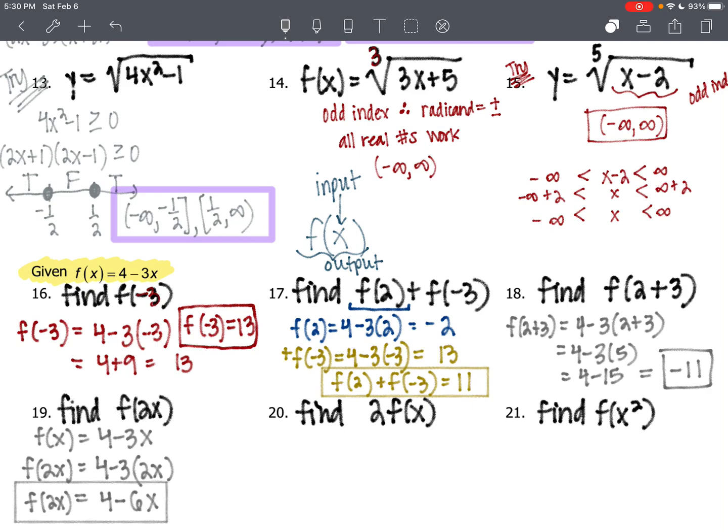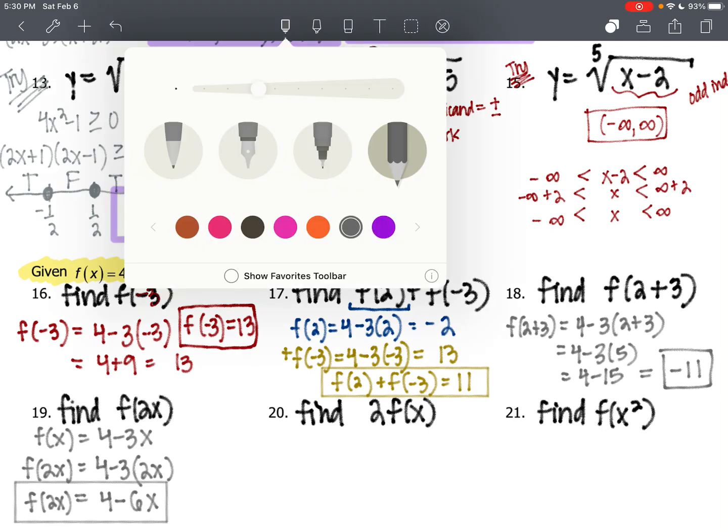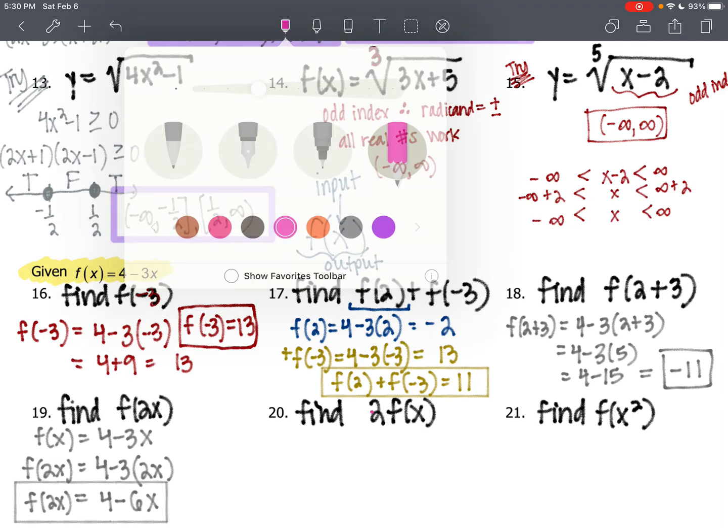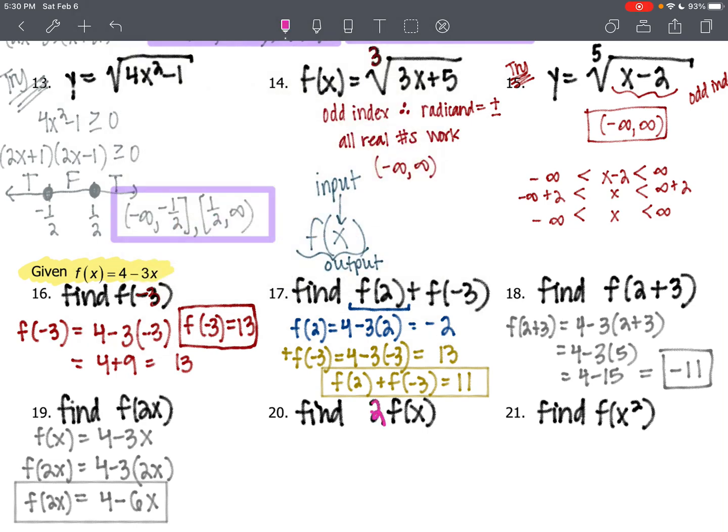Now what's different from number 19 to number 20? Number 20, the 2 appears to be on the outside. So if I'm reading this correctly, that means 2 times f of x.